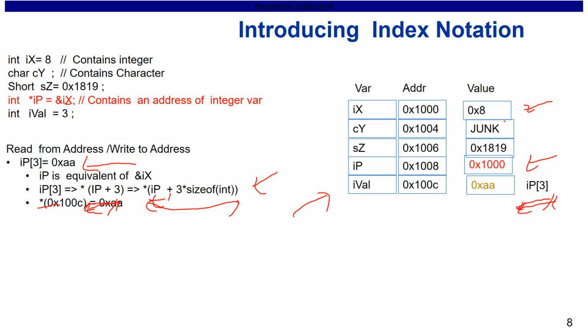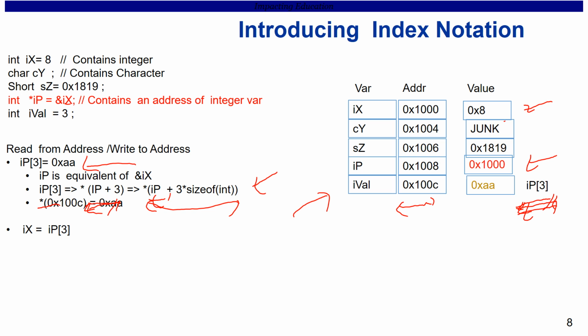We just now saw IP of 3 is nothing but IP plus 3 into size of integer, so that is nothing but address 1000 and C. So in that sense, IP of 3 is the same as ival, and IP of 3 evaluates to the access to the address 1000 and C.